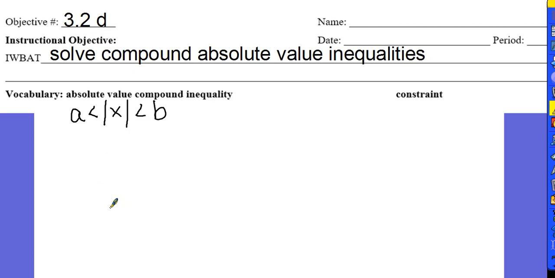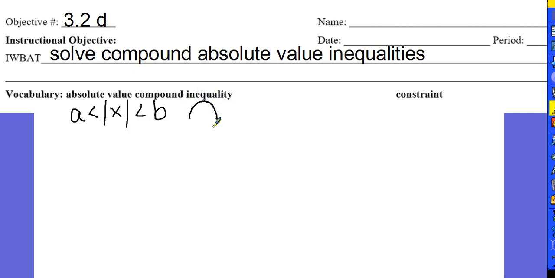And it's got an absolute value right in the center. Because it is a compound inequality, it's one of those and statements. It has to be true for the first inequality. It has to be true for the second inequality. Therefore, you're looking for an intersection.